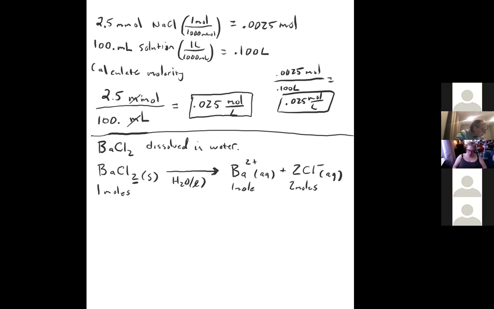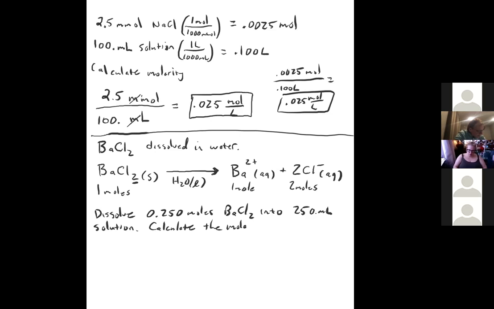So suppose I said the following: dissolve 0.250 moles of barium chloride into 250 milliliters of solution. Calculate the molarity of the chloride ion in the solution. Okay.